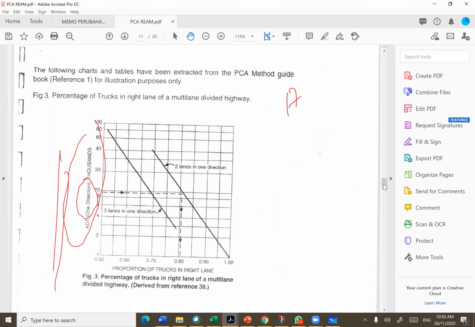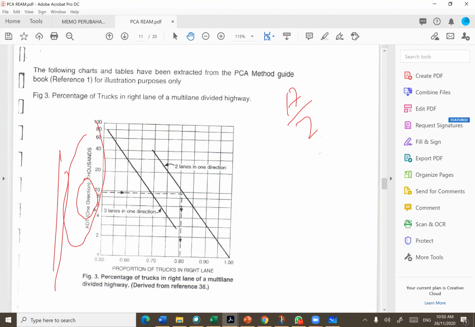So your 17,000 you divide by 2, because we assume 50-50. The 17,692 from just now, divided by 2, you have about 8,000 or 9,000 plus.